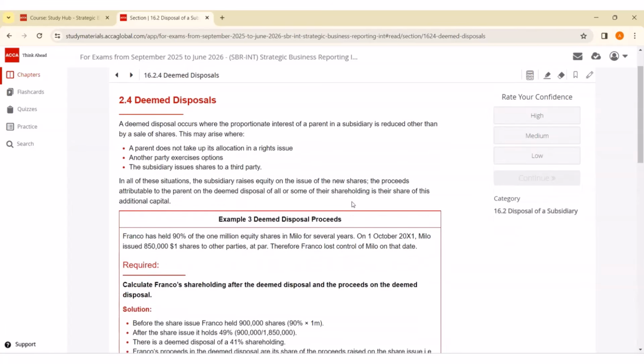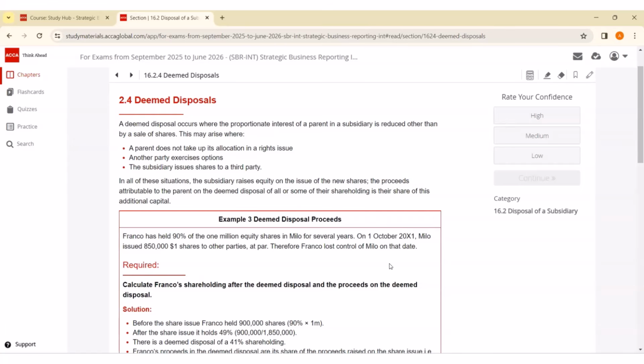Now, there is another concept called deemed disposals. This is where the shareholding is reduced, but this may be because the parent does not take up a rights issue, another party exercises options, or the subsidiary issues shares to a third party. So overall our investment has diluted.